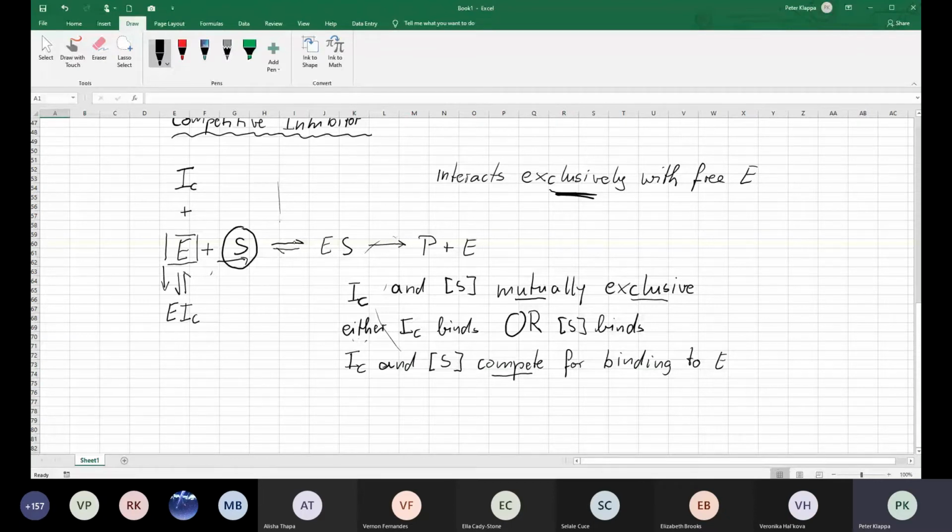Absolutely right. We would see predominantly the substrate bound. So, with lots of substrate, the substrate would outcompete, and Imogen is absolutely right, substrate can outcompete the inhibitor.